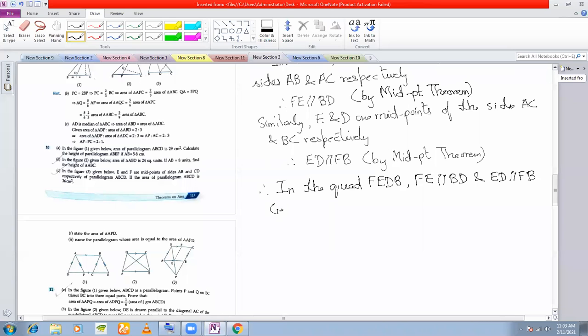That is, opposite sides of quadrilateral FEDB are parallel.